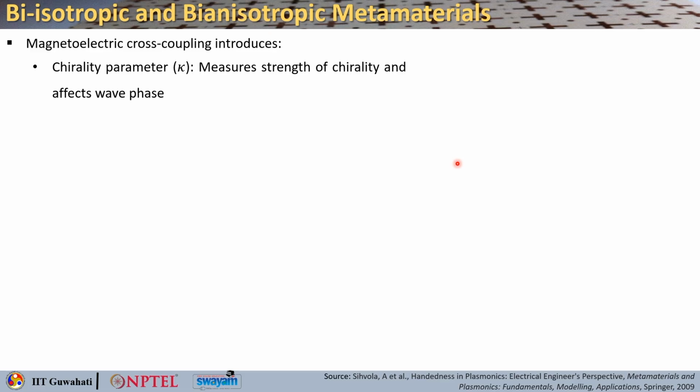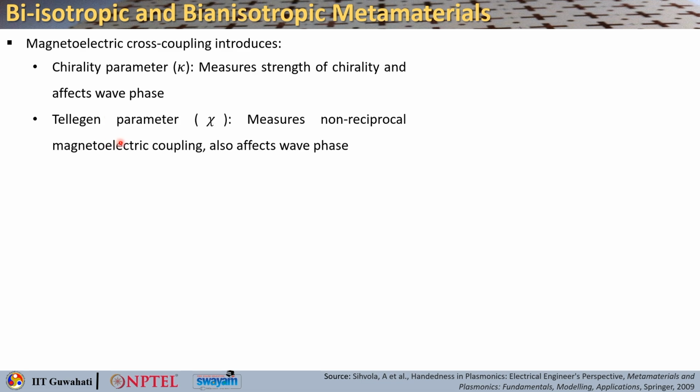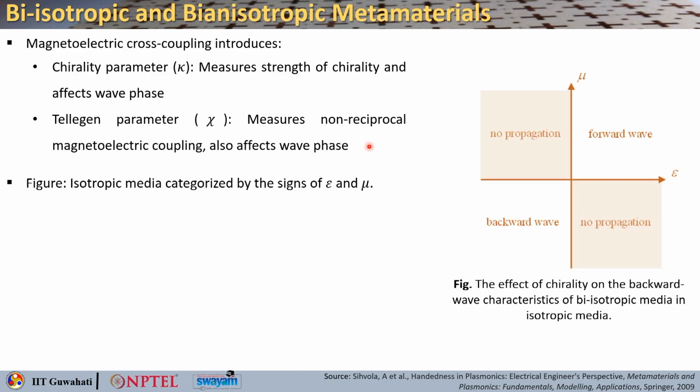The magneto-electric cross coupling means that in addition to the permittivity epsilon and permeability mu, you now have to study a parameter that measures the strength of the chirality, kappa, and then you also need to study the Tellegen parameter chi, that measures the non-reciprocal magneto-electric coupling, which also affects the wave phase.